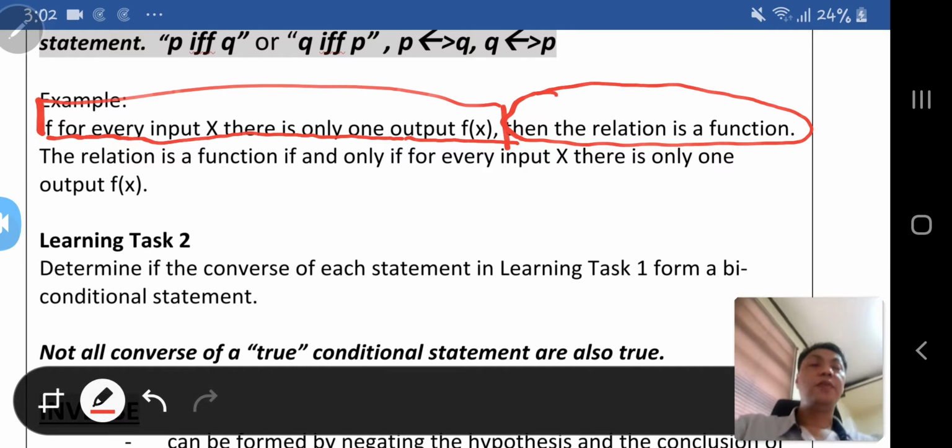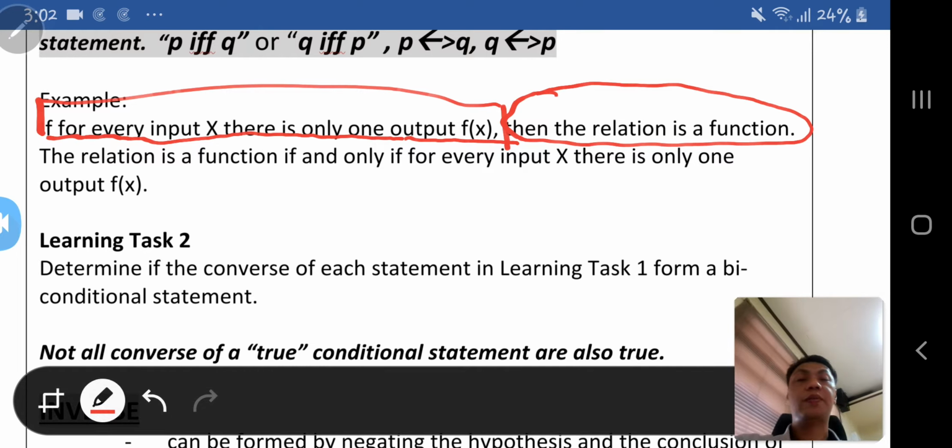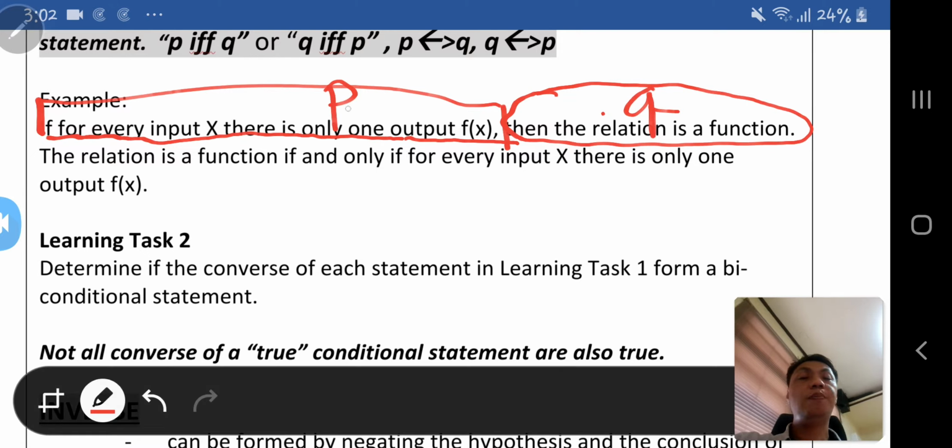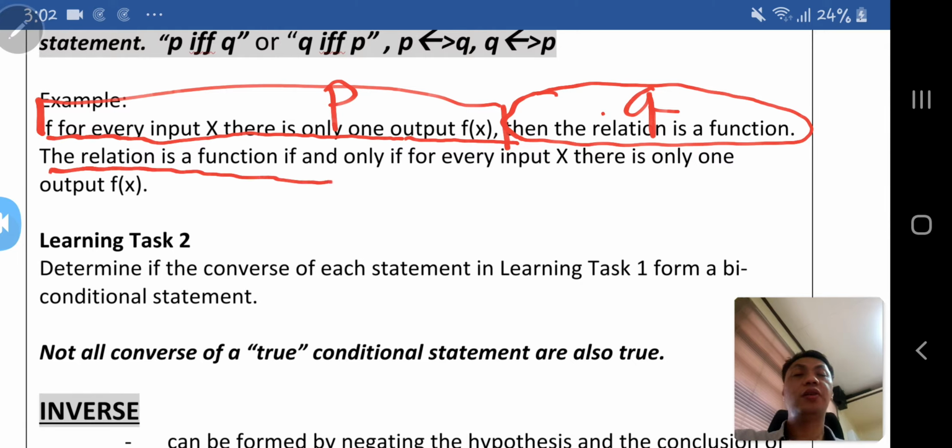Let's form the converse of this statement by interchanging the hypothesis and the conclusion. So kanina, if P, then Q. This time, the converse, if Q, then P. So, the relation is a function.